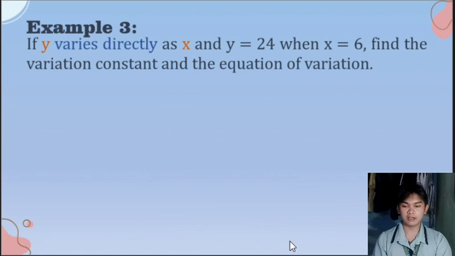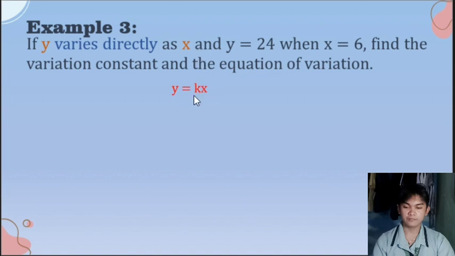If y varies directly as x and y is equal to 24 when x is equal to 6, find the variation constant and the equation of variation. So, the variation constant is the k, and the equation of variation is, since y is the first mentioned here, y is the variable on the left side, equal to kx, the constant of variation times x.